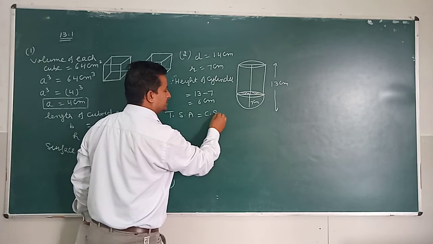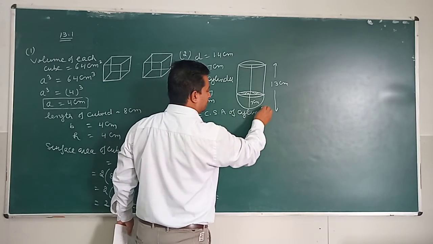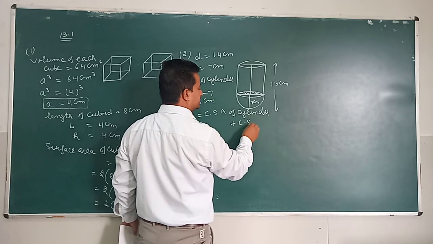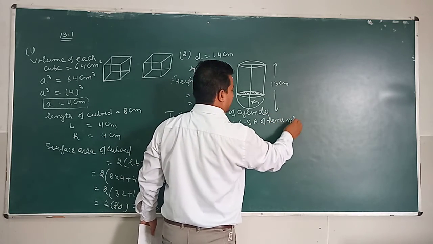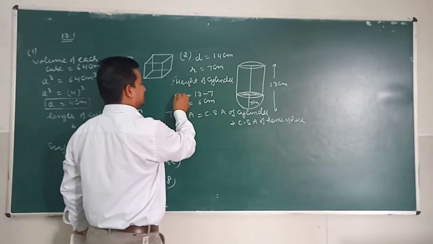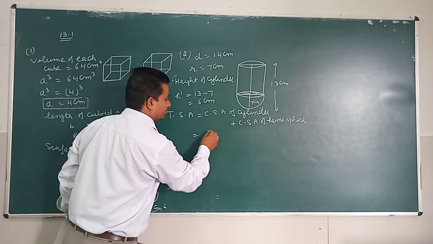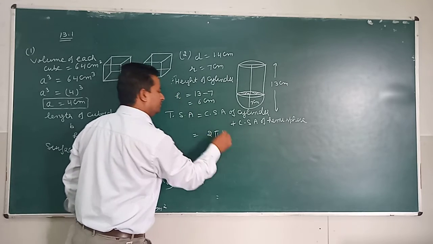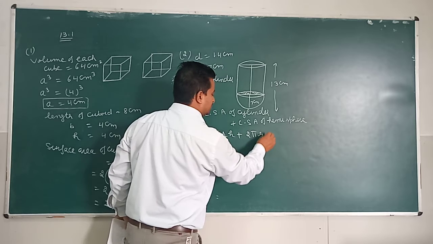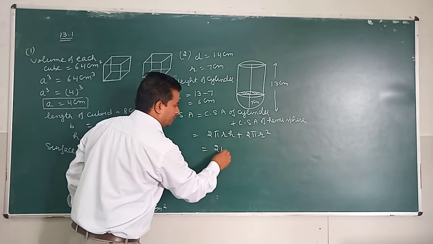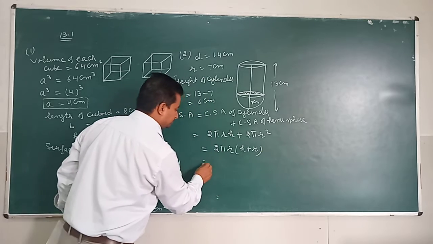So total surface area is CSA, curved surface area of cylinder, plus curved surface area of hemisphere. Curved surface area of cylinder is 2 pi r h, plus hemisphere is 2 pi r square. When we take 2 pi r common, this is h plus r.